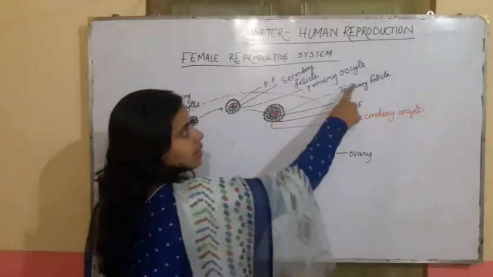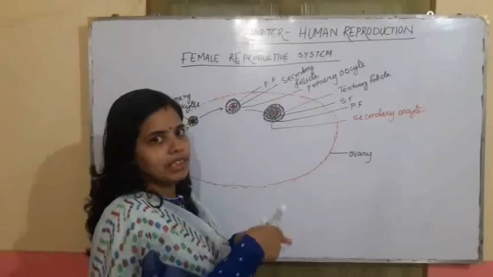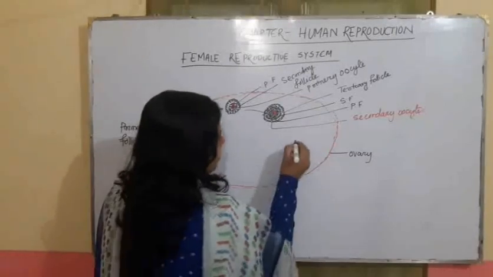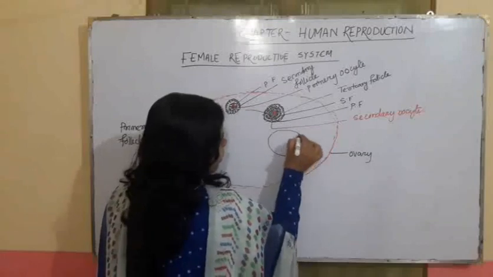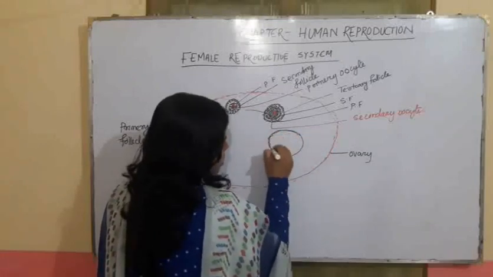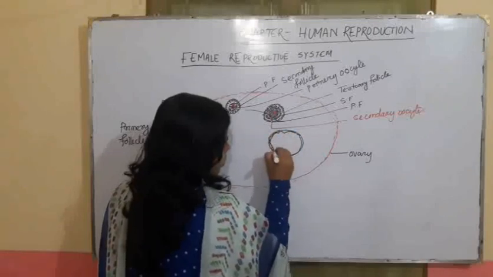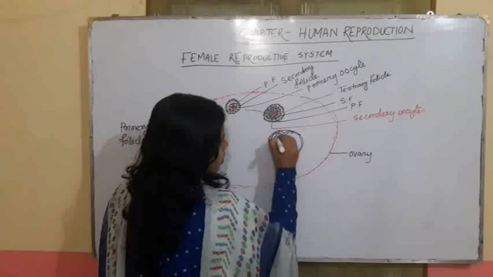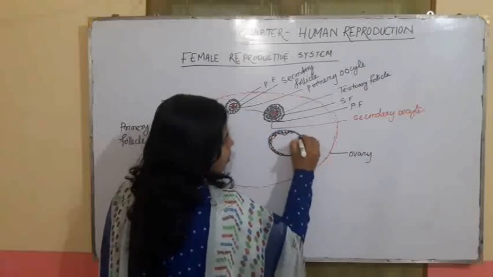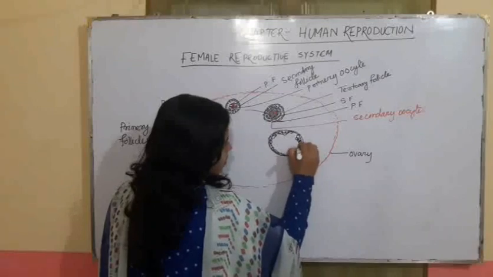So now after the tertiary follicle formation, it will convert into a bulging mass of cells. Let us draw it in this way. Okay, so here the cells are present. Some mass of cells is present here.